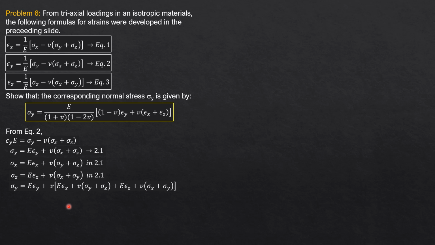So we have sigma y here. We have Poisson's ratio squared sigma y, and another Poisson's ratio squared sigma y.